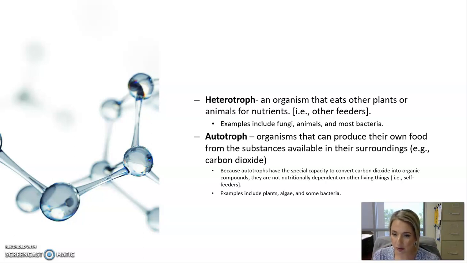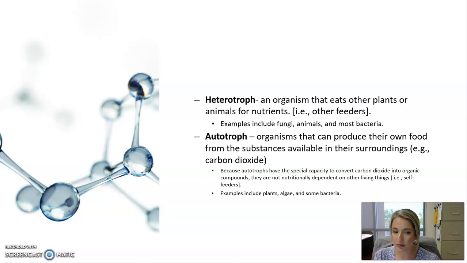There are also autotrophs, which we often refer to as self-feeders. Autotrophs are organisms that can produce their own food from substances in their surroundings. For example, plants and algae can get carbon from carbon dioxide in the air.